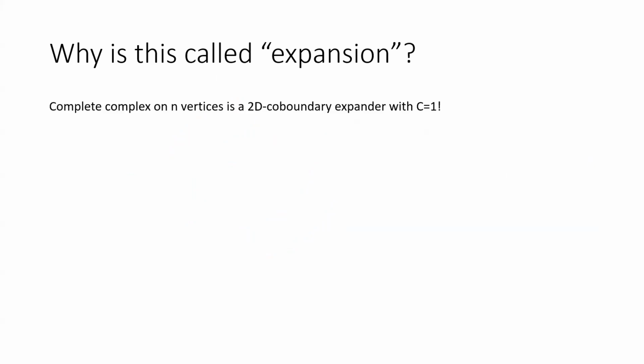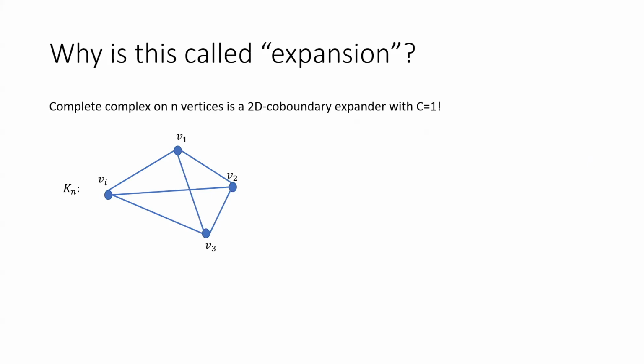So one reason is, as we saw in Max's talk, we should look at properties that the complete complex has and try to generalize them to sparse complexes. So let's check that the complete complex is a coboundary expander with, in fact, constant C equals 1.